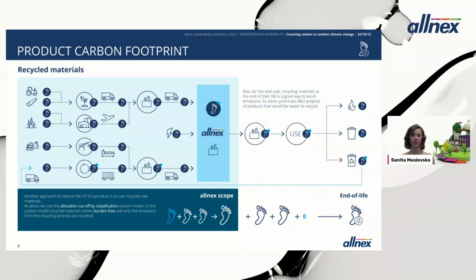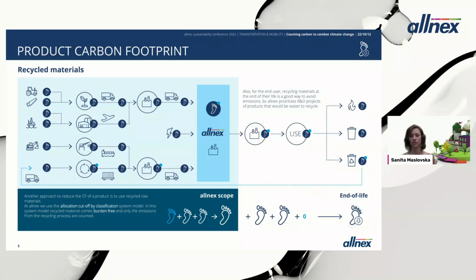So, very different carbon footprints. But in general, the material, by the time it arrives at allnex, is likely to have a much lower carbon footprint than a virgin material. So that's one way that we at allnex can lower the carbon footprint, but that's not the full story.